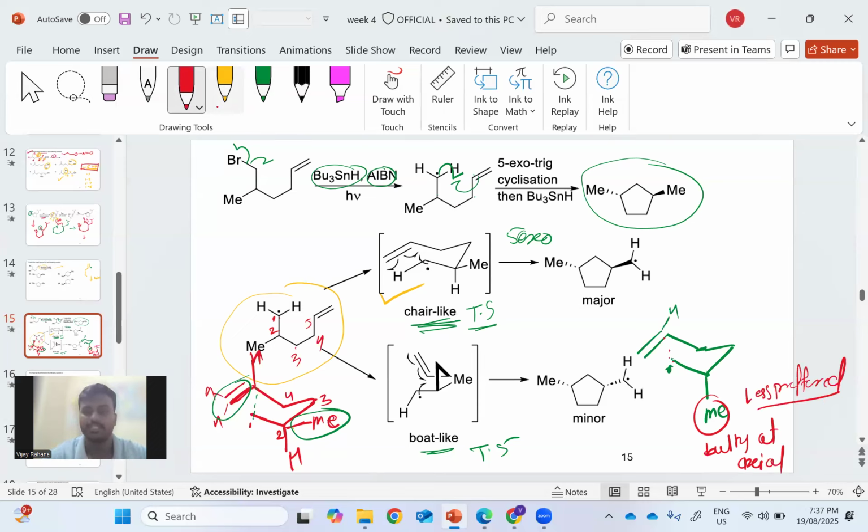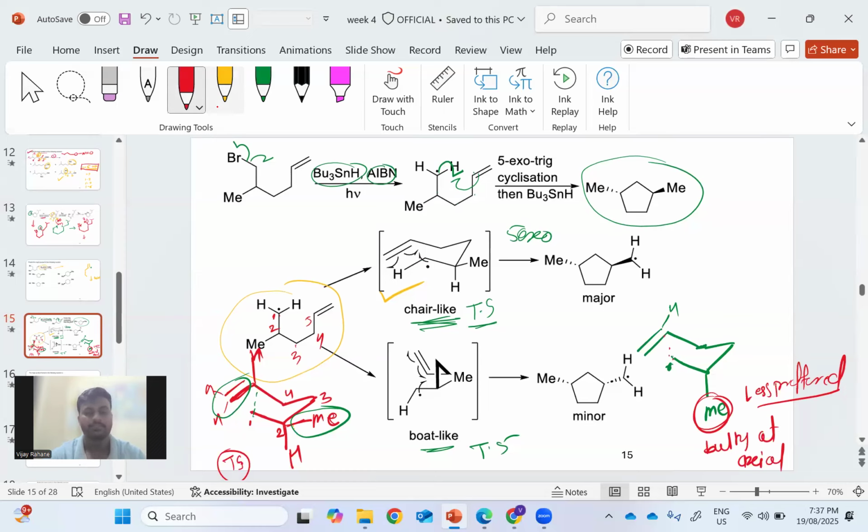Because of this, this transition state is less stable compared to the earlier one. So that's why the methyl will be at the equatorial position here, directing upward. That's what I have drawn here.